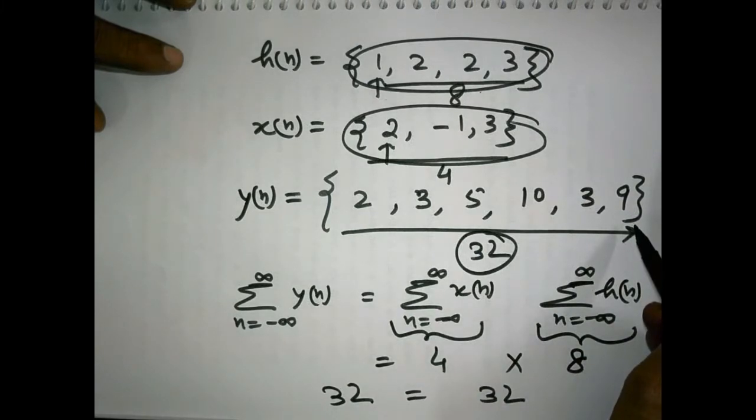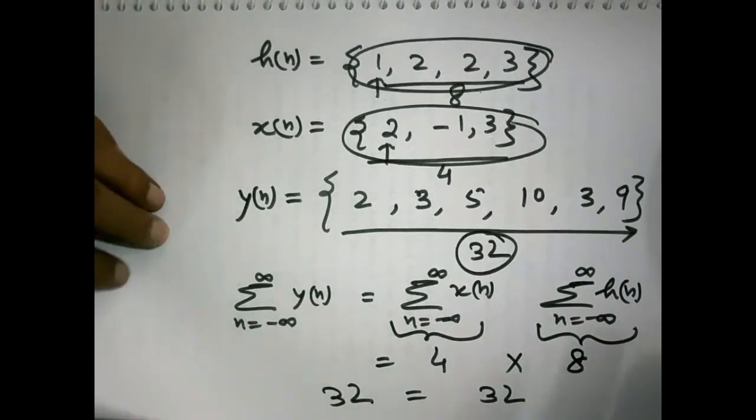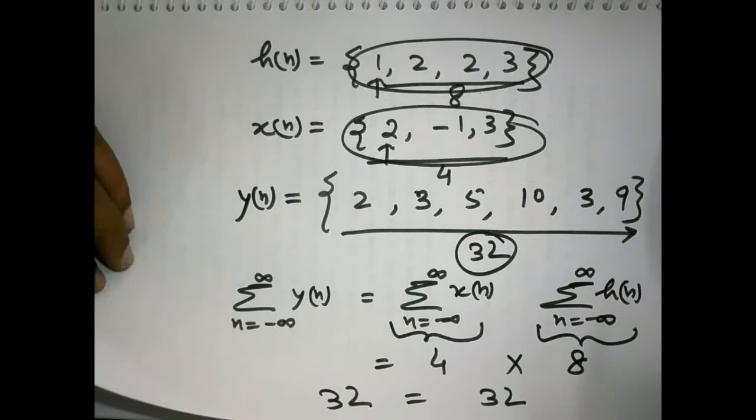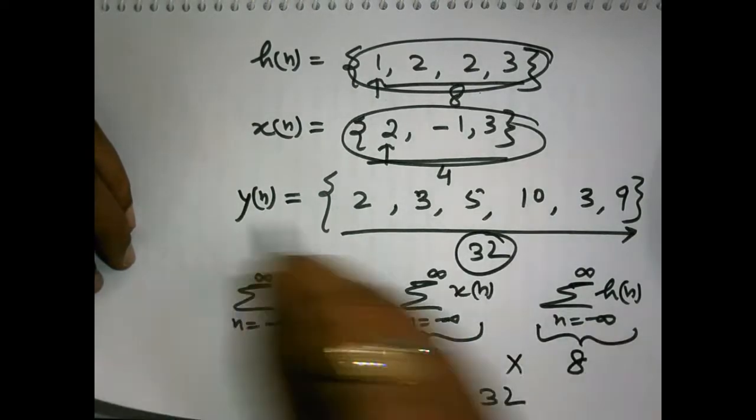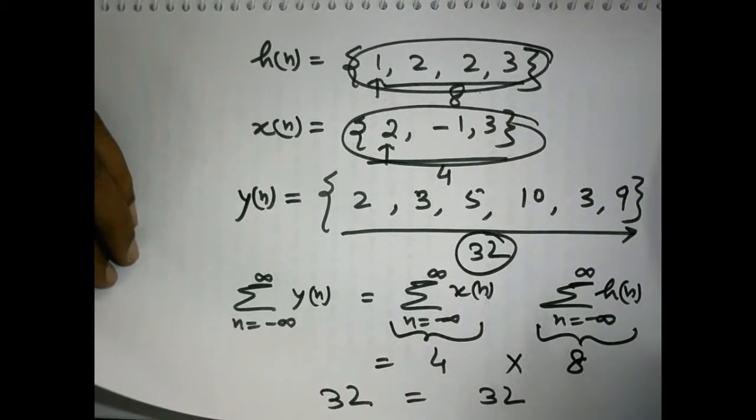If they are equal, then your convolution is correct, otherwise you may be wrong somewhere, so you have to take further action. This is also a useful method in your competitive examinations, where by approaching this way you can directly reach the correct alternative.